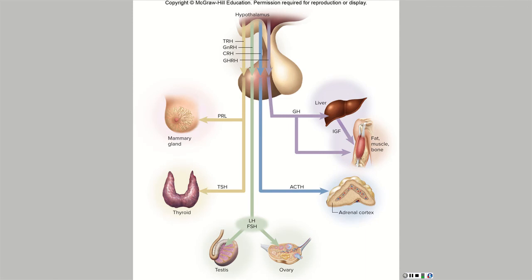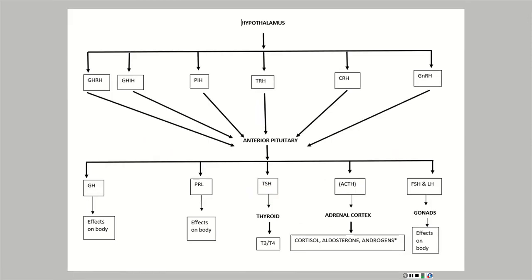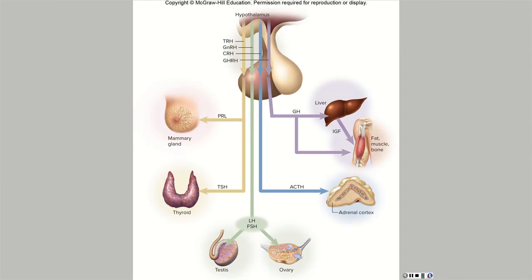This is the image from page 635, and it shows what the hypothalamus releases to the anterior pituitary, and then what the anterior pituitary does to the rest of the body in response to that. So everything we're talking about today comes from one of these two charts, depending on which one you like to look at best.